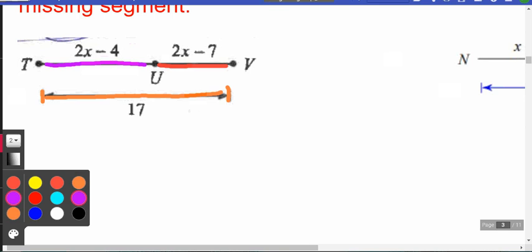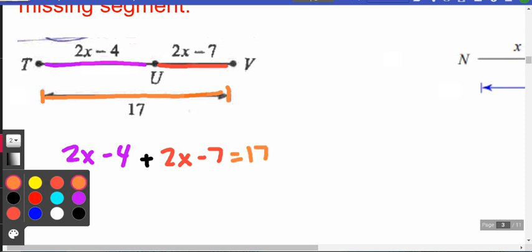So I'm going to take the expression 2x minus 4, add it with the 2x minus 7 from UV, and it will equal the entire segment TV, which is 17 units.